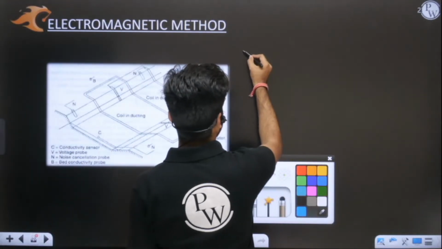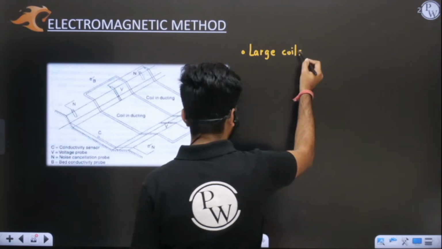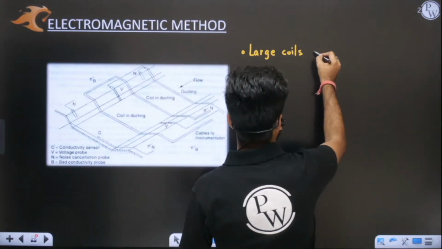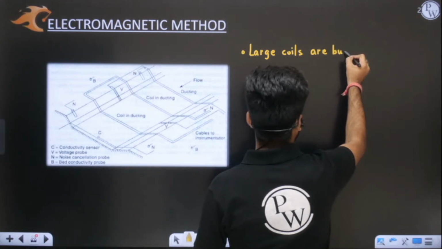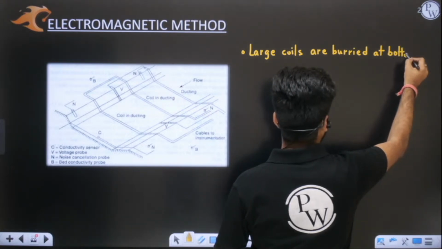Sir, what is happening in this? Large coils are buried at the bottom of the channel, which carries current.